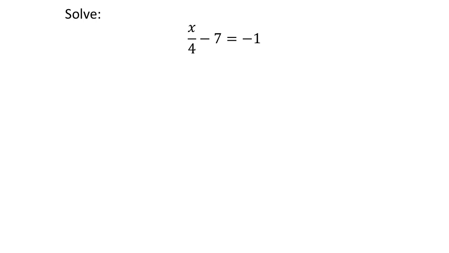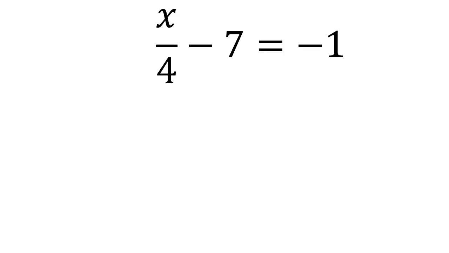So here's another problem with some fraction stuff in it. Let's go and make this bigger. All right, so I got x divided by 4 minus 7 equals negative 1. I don't want that minus 7 business, right? If I can just get to x divided by 4 equals something, then I will have set this up as a one-step equation.